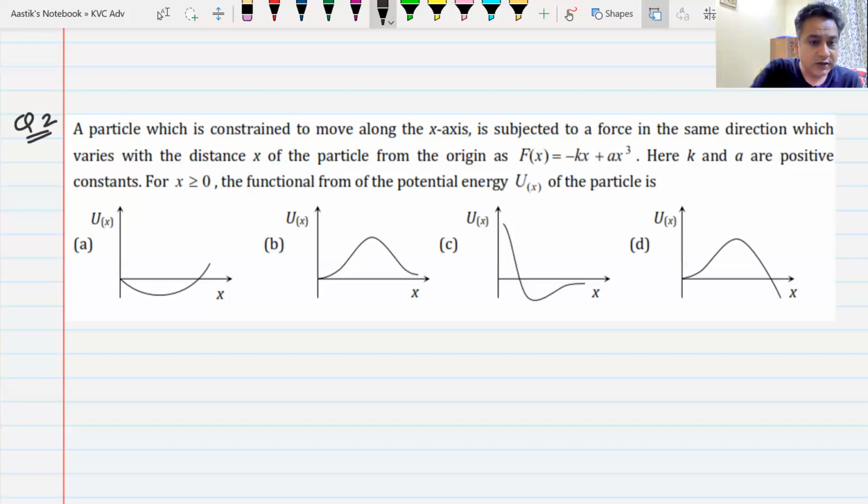And then you simply see which of the curves is satisfying the condition that you are getting. Yes or no? Yes, sir. That is what you got to do. And you got the answer as B, sir. B. It's not B.